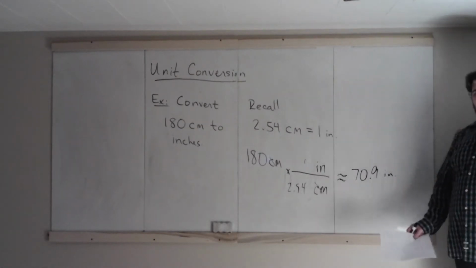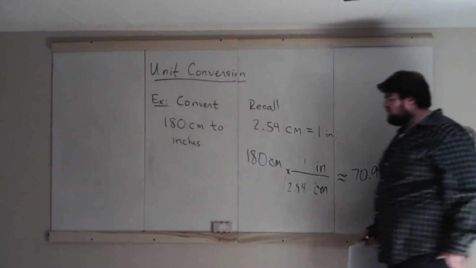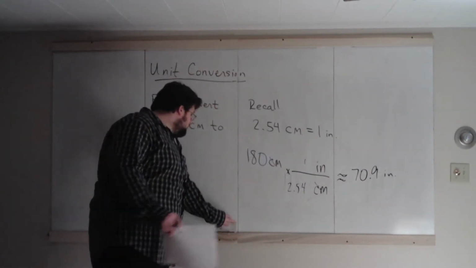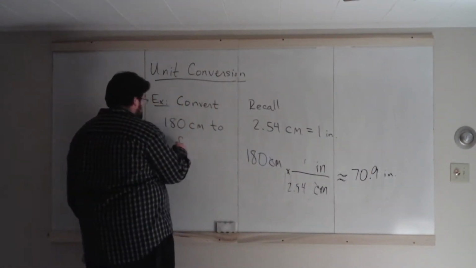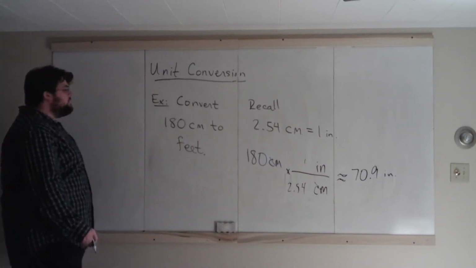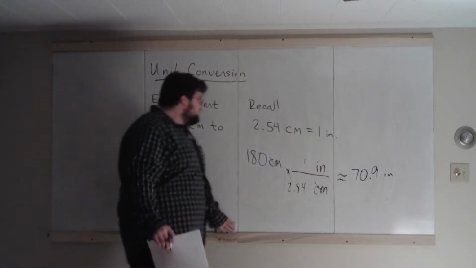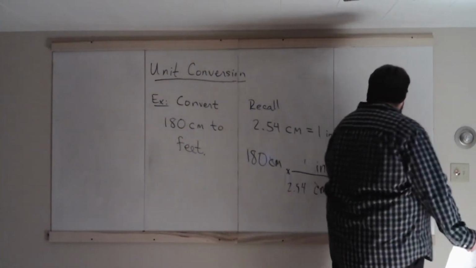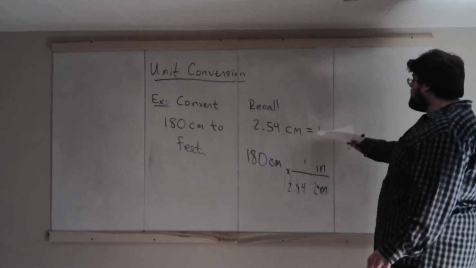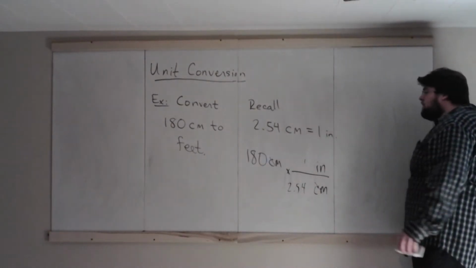Now, what if we wanted to convert this to feet? Let's do example 2. Convert 180 centimeters to feet. Well, you would start the same way. You could have a conversion factor, how many centimeters are there in a foot?